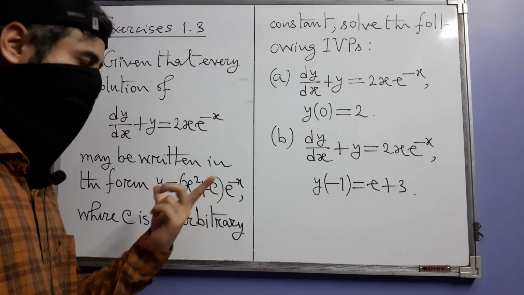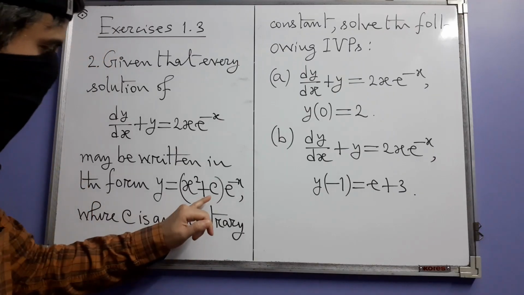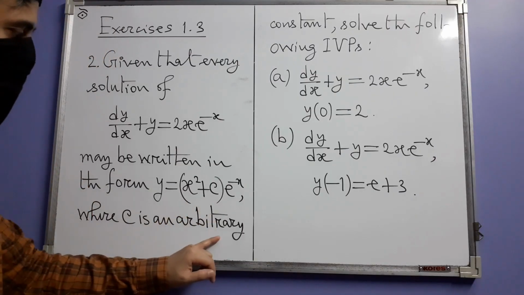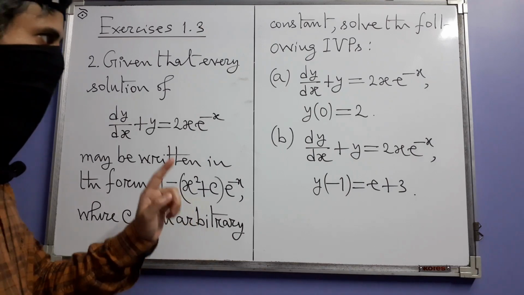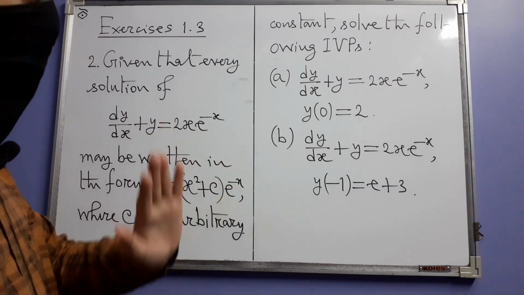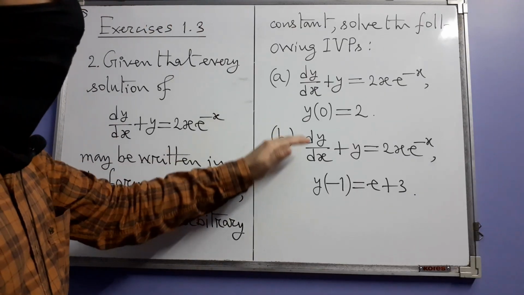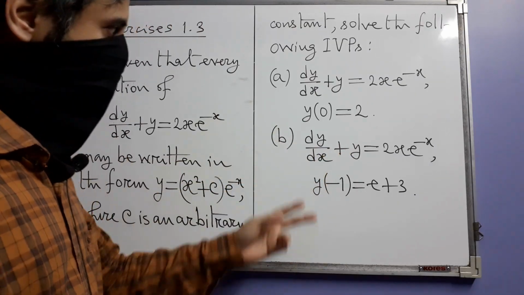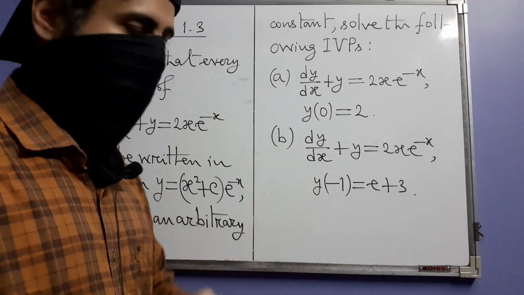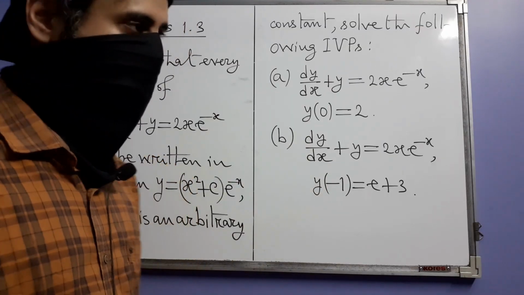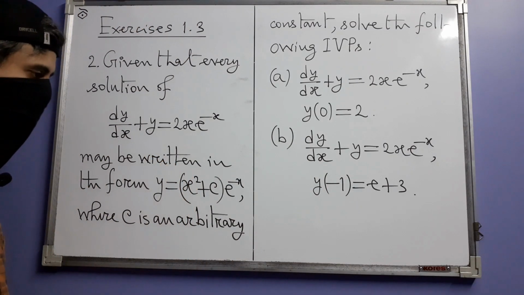This is a one parameter family of solutions where C is the parameter or arbitrary constant. With this information, we have to solve these two IVPs, initial value problems. In both of them, the differential equation is same, but the initial conditions are different.